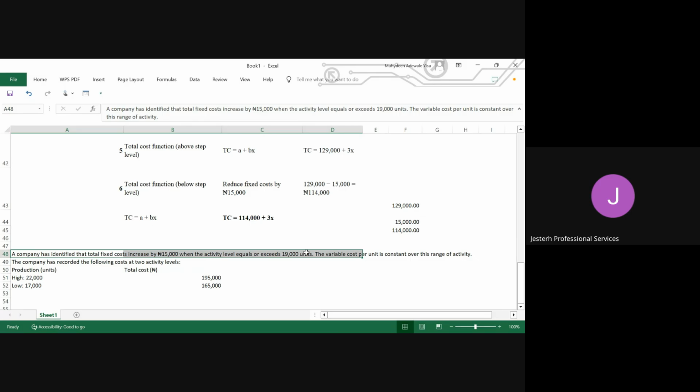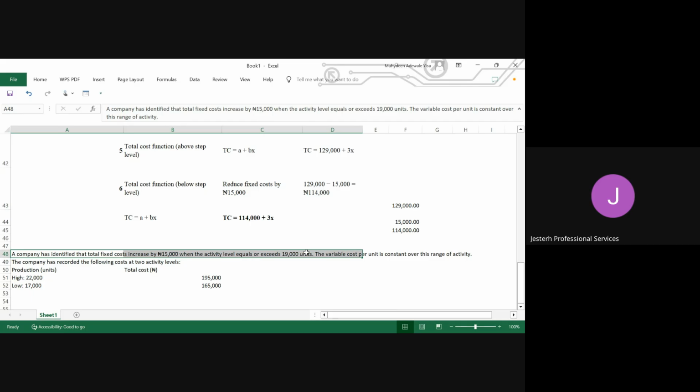They did not tell us that if the level of activities exceeded a particular unit, we are going to increase our fees cost. No, they did not tell us. But in this case, they tell us that if our level of activities exceeded a particular unit, what is going to be our fees cost?